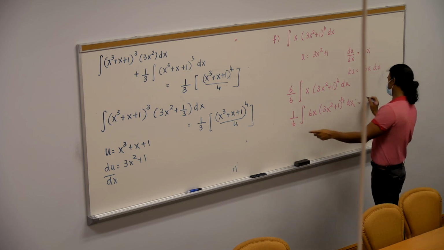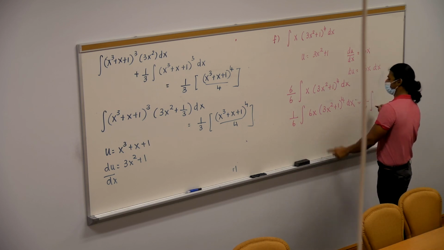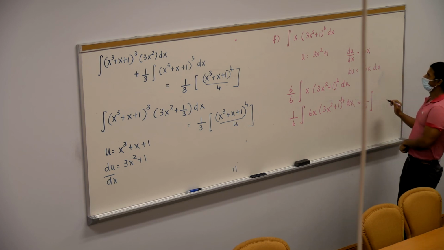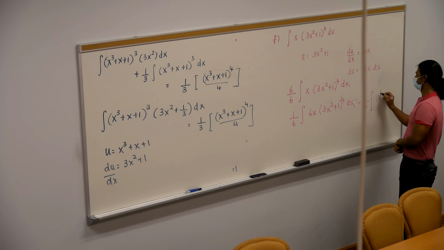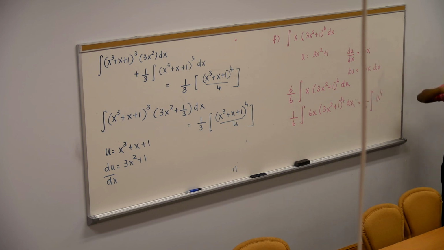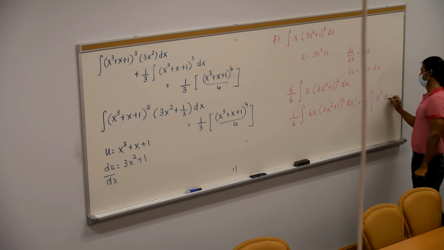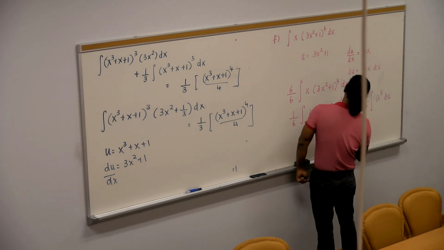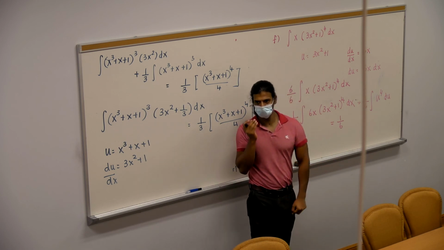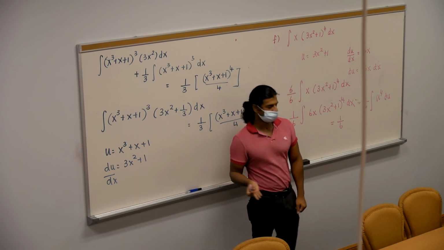So that would give us 1 over 6 integral of (3x squared plus 1) to the 4th, which would simply be u raised to the 4th. The 6x dx would be du. And we know how to integrate u to the 4th. It is simply u to the 5th over 5.